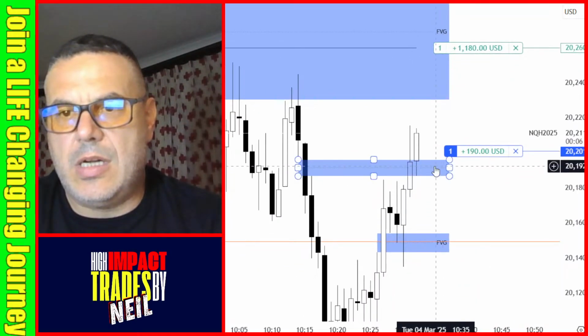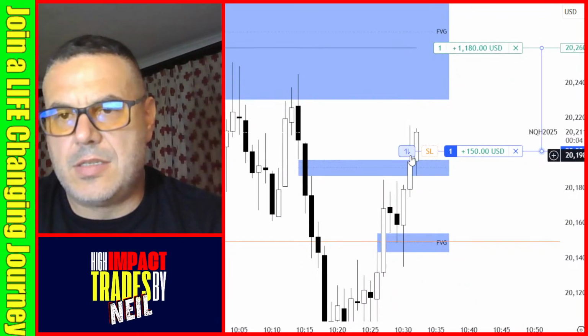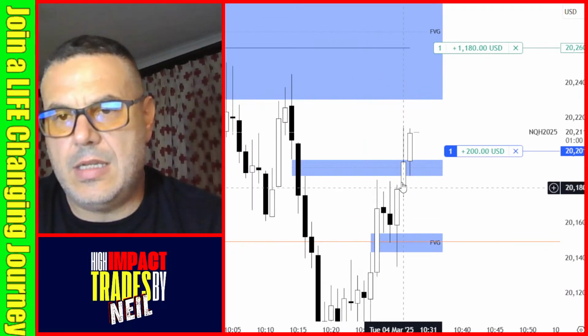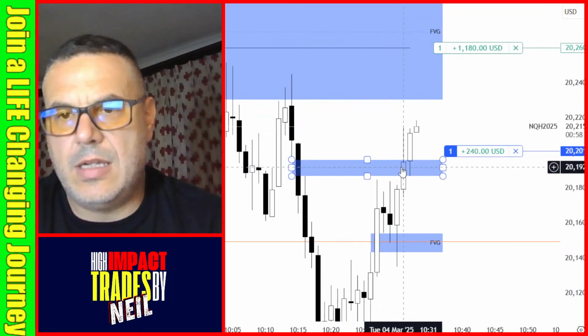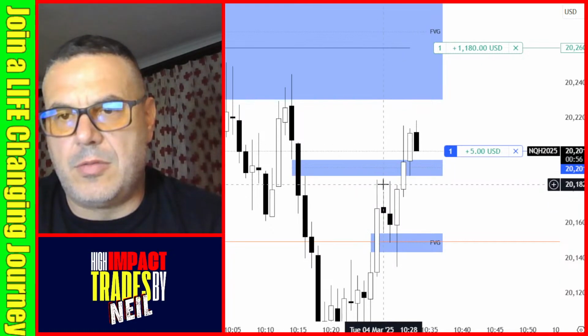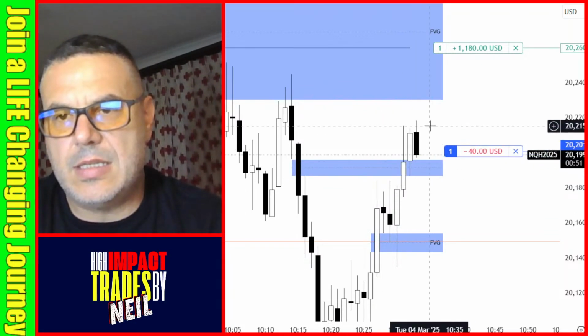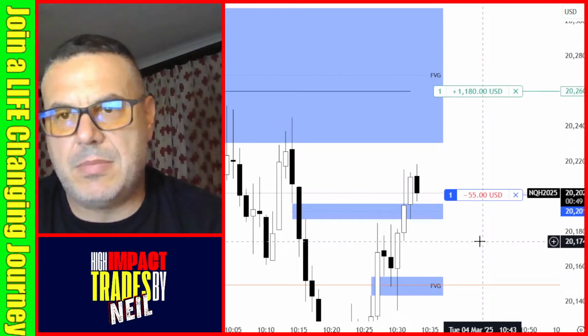The reason why I like to take this one is because here we consolidate, we ran liquidity and aggressively pushed higher. And this one I thought we were going to close above these highs, which we did. We tested in here, so now I would like to see price go up.